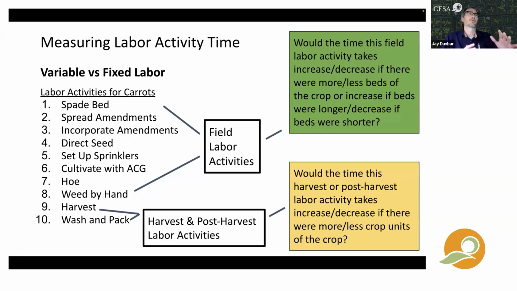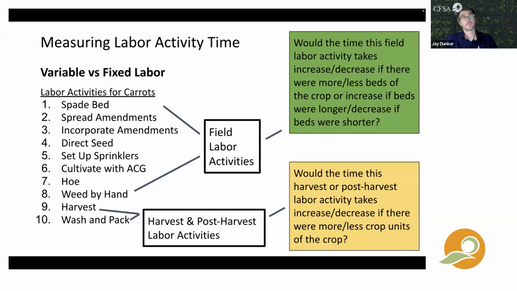And so, you know, that green box there, would the time this field labor activity takes increase or decrease if there are more or fewer beds of the crop, or increase if the beds were longer and decrease if the beds were shorter? So if you are spreading amendments, is it going to increase if there are more beds or more fields?